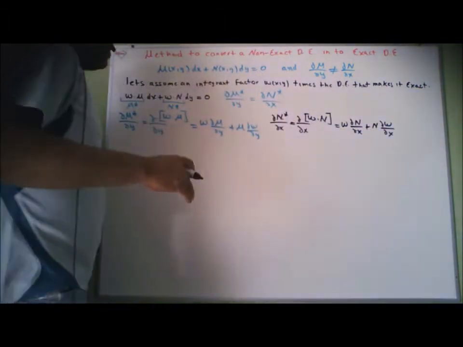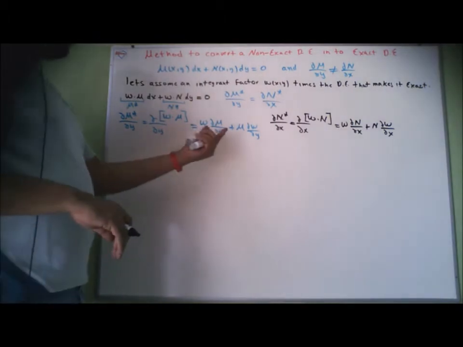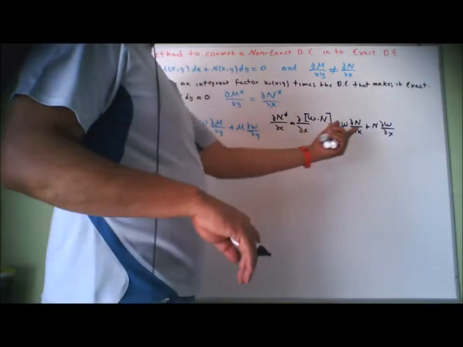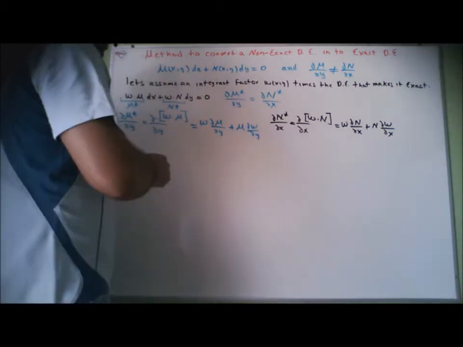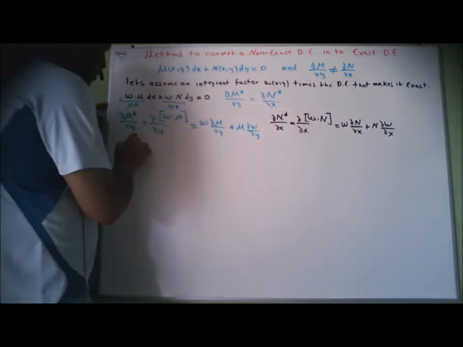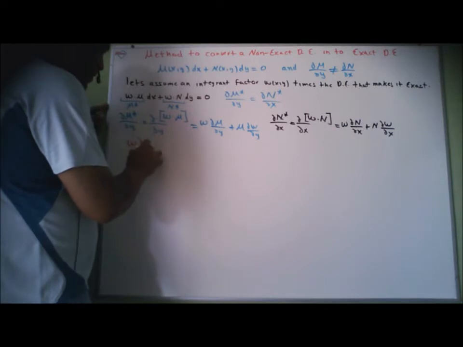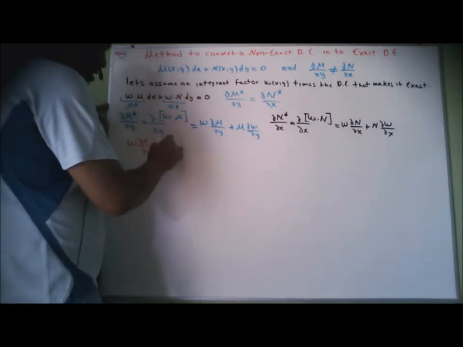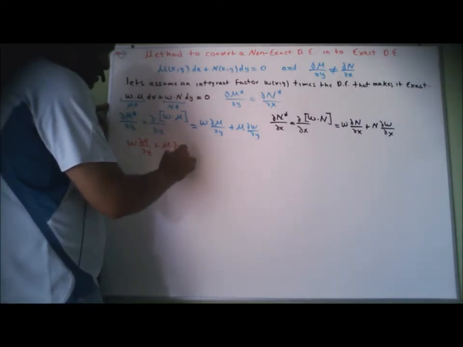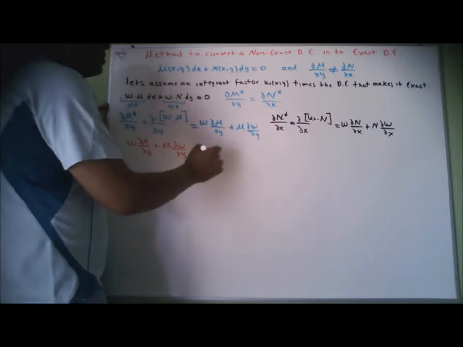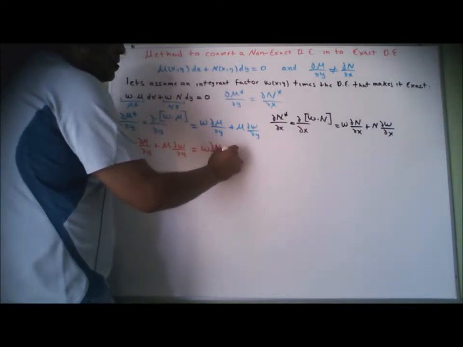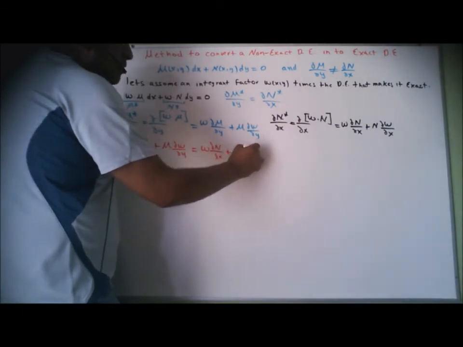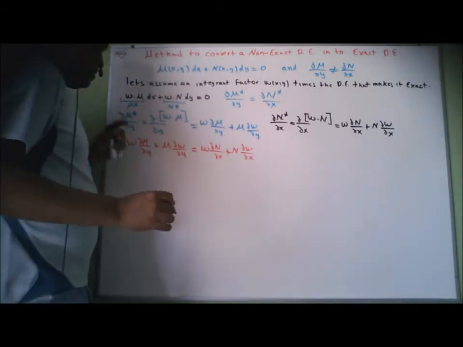Now they are supposed to be equal, so let's write it: w times the partial of M with respect to y plus M times the partial of w with respect to y equals w times the partial of N with respect to x plus N times the partial of w with respect to x.